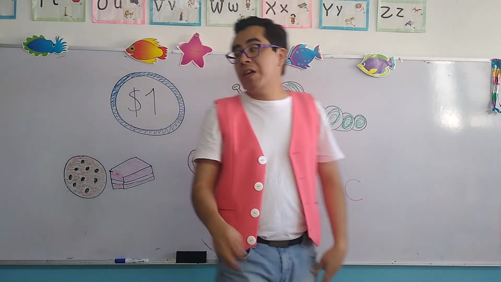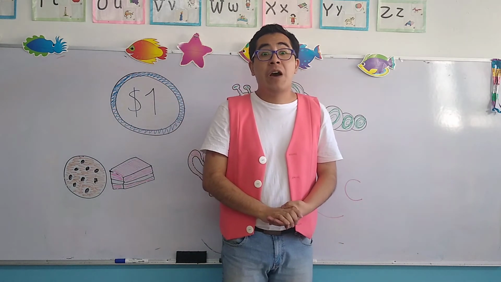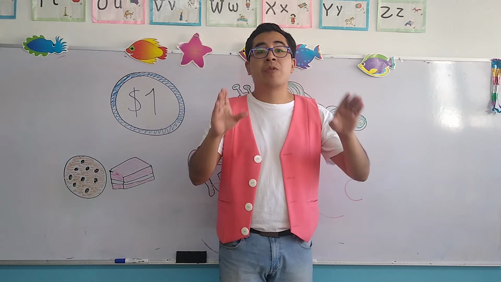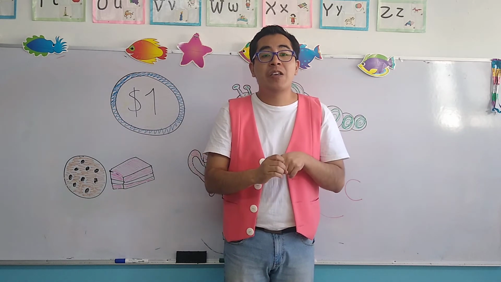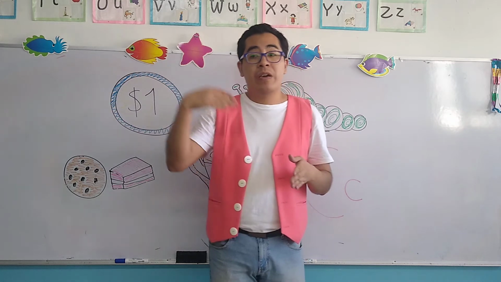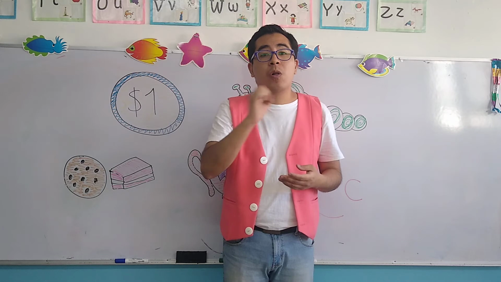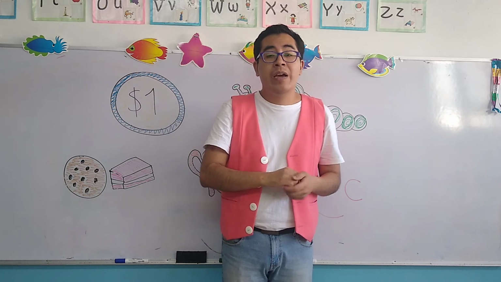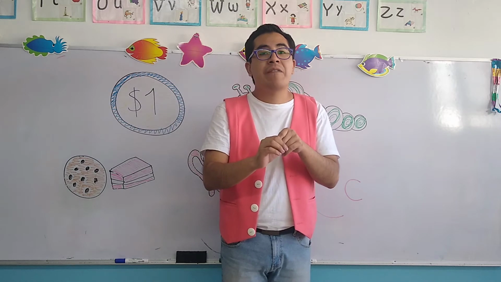Now, let's see objects that we use using small c. The first object that we have here on the whiteboard is the coin. Now the coin, all of the coins around the world have their own value, tienen su propio valor. Here in Mexico, the coins are called pesos, okay? And each one of the coins that we use here in Mexico has its own value.